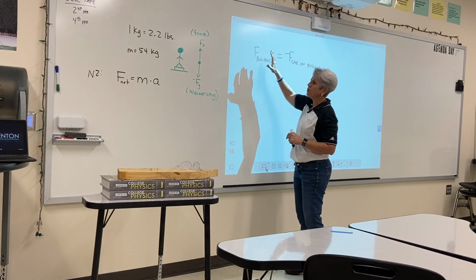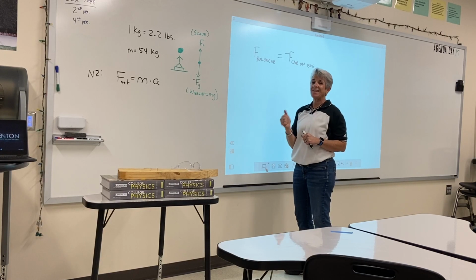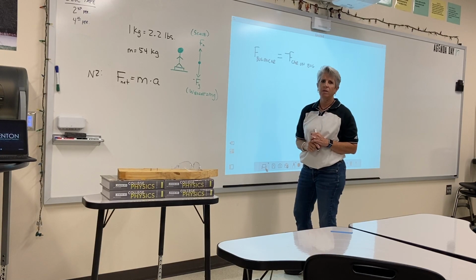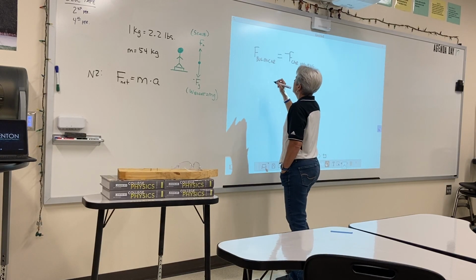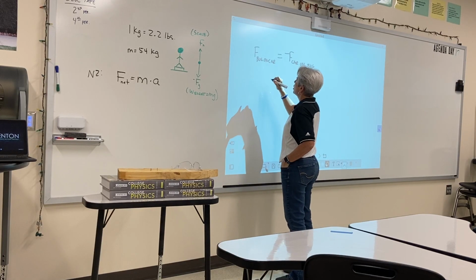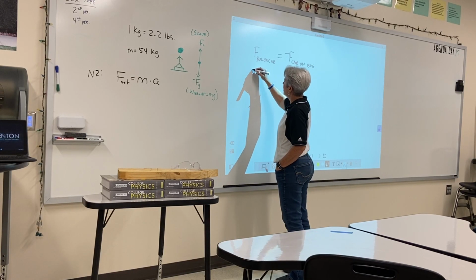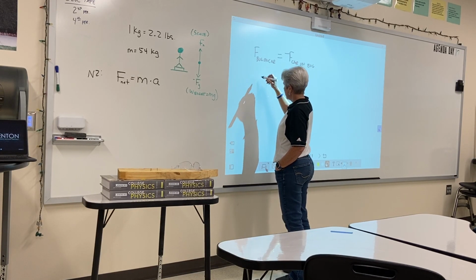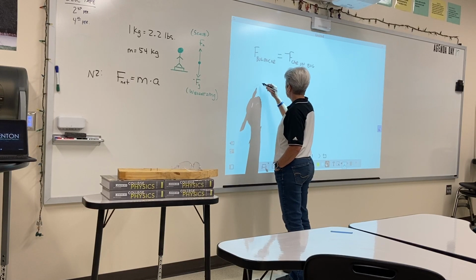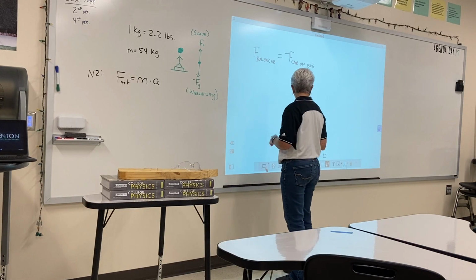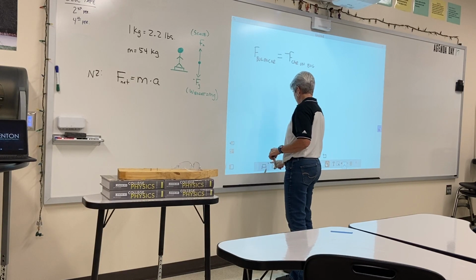I know that force from Newton's second law is mass times acceleration. Well, let's think about the bug. The force of the bug on the car comes from the mass of the bug times the acceleration of the bug.